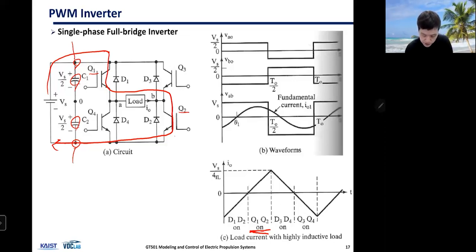And once it reaches some value, or you can define that by the time duration, you're going to switch off Q1 and Q2, then you're going to have current flowing through D3 and D4.